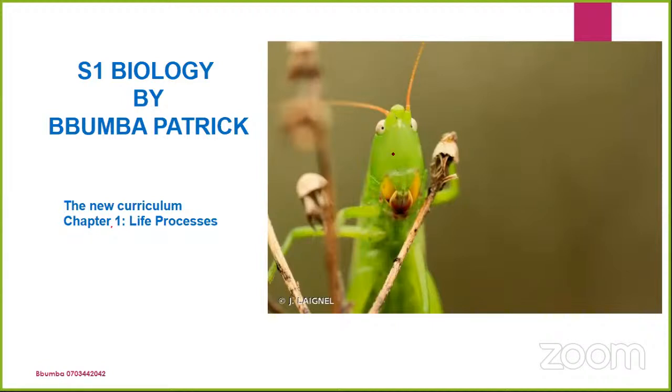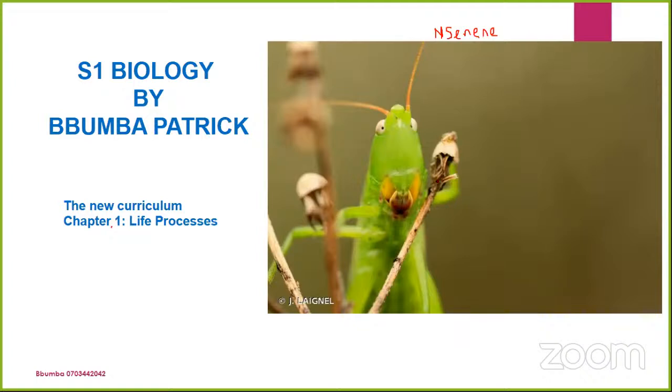What you're seeing here is a grasshopper, in Luganda commonly known as Insenene. That's the local language version of the name. It's a delicacy in the central region of Uganda.